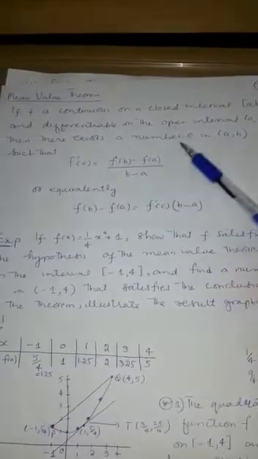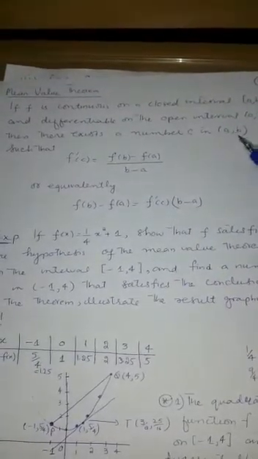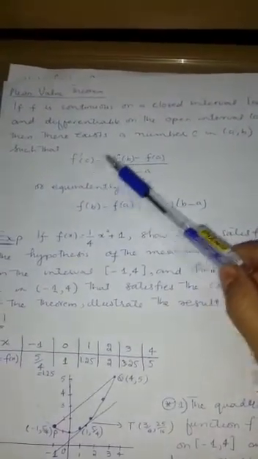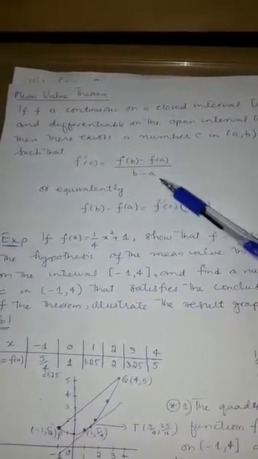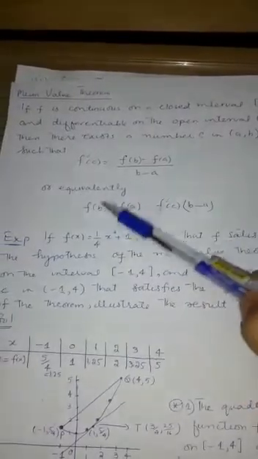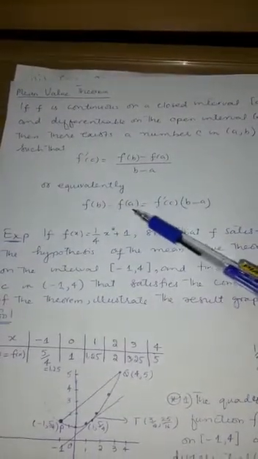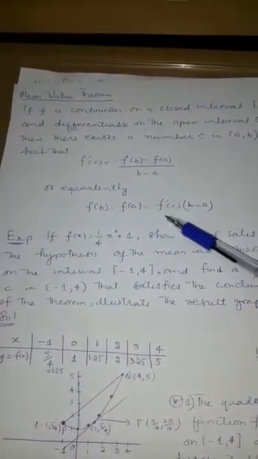Then there exists a number c in the interval (a, b) such that f prime of c equals f of b minus f of a over b minus a, or equivalently, f of b minus f of a equals f prime of c times b minus a.